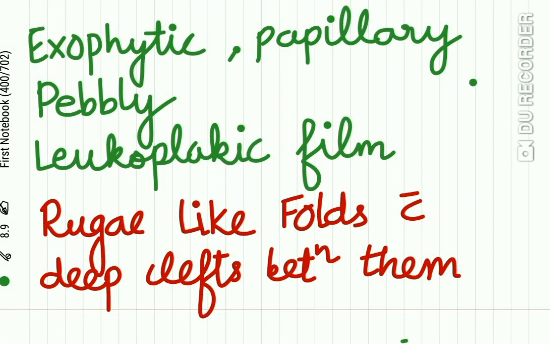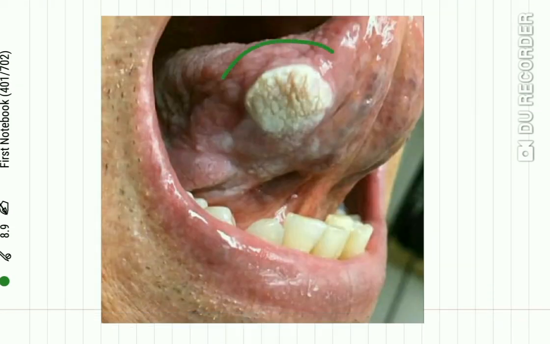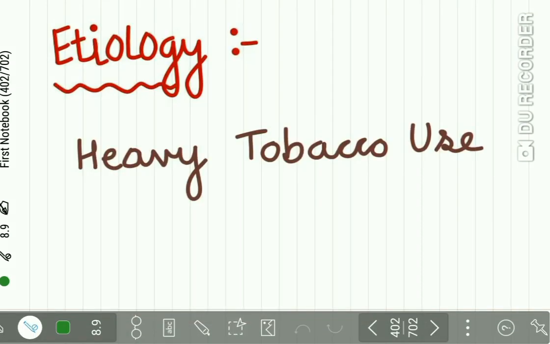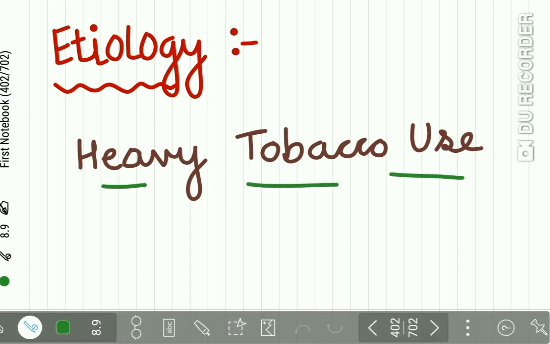So, verrucous carcinoma clinically is an exophytic papillary pebbly lesion often covered by a leukoplakic film. The rugae-like folds are present with deep clefts in between the rugae. So, here you can see a picture of verrucous carcinoma on the tongue. The etiology of verrucous carcinoma is heavy tobacco use.